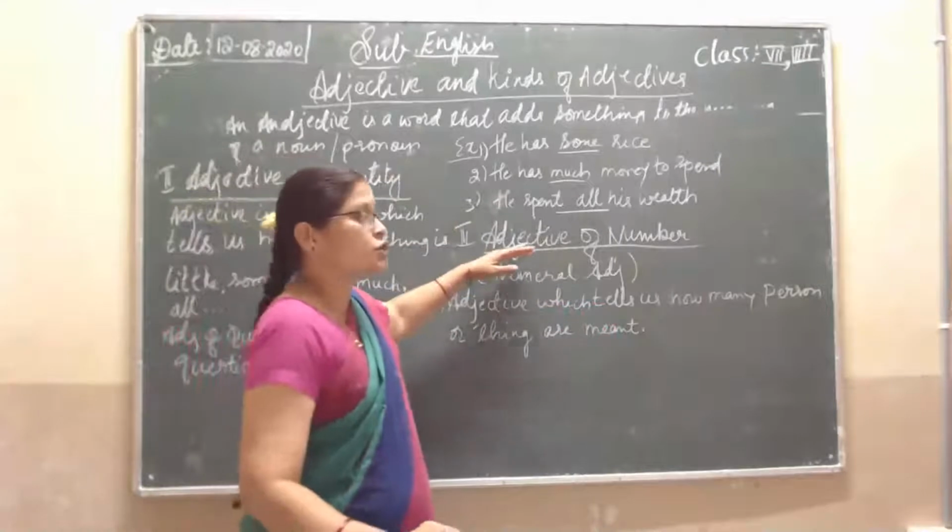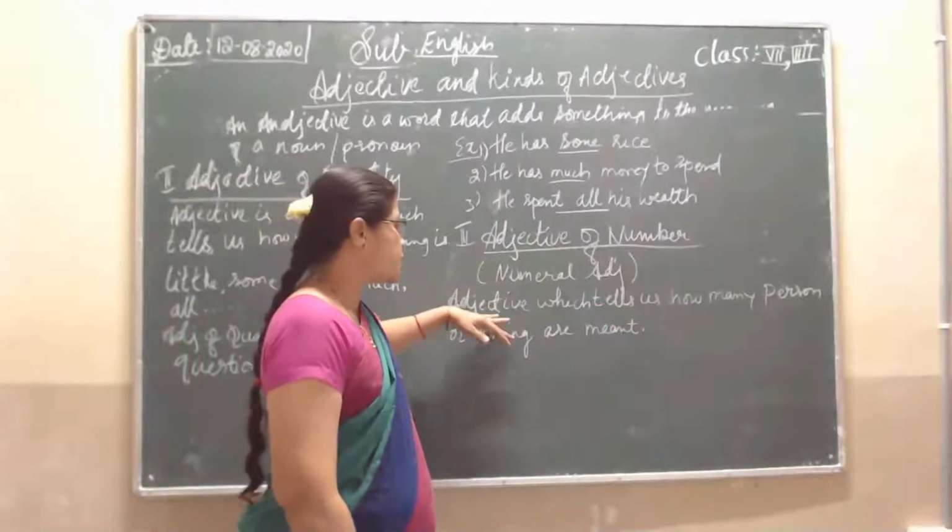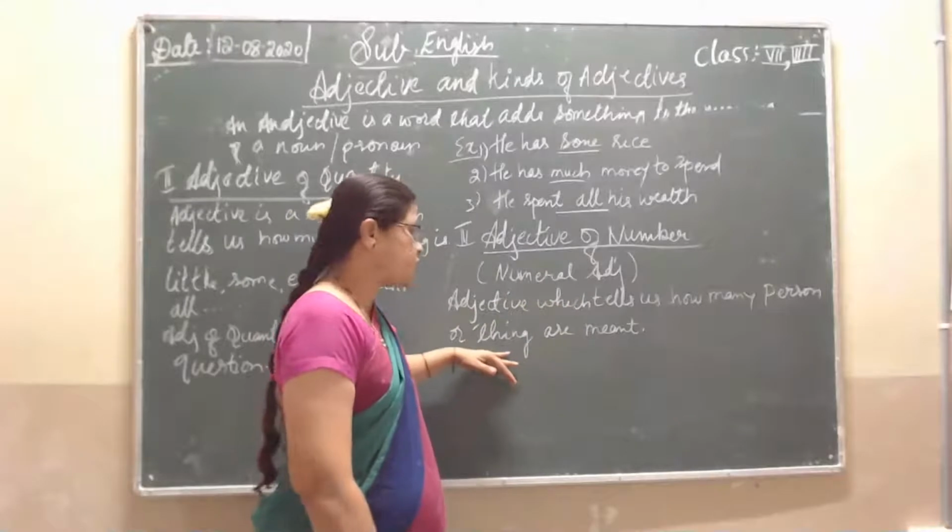So here, adjective of number. What is an adjective of number? Adjective which tells us how many persons or things are meant there.